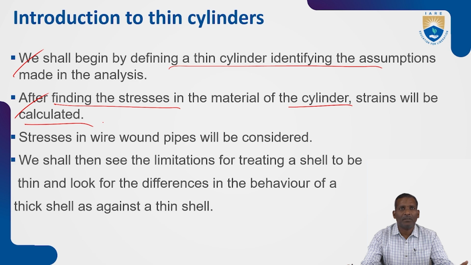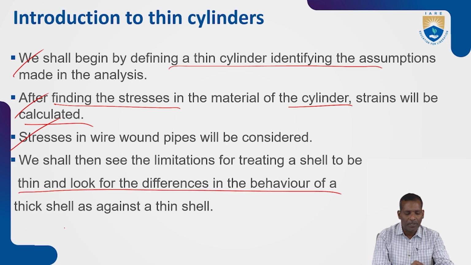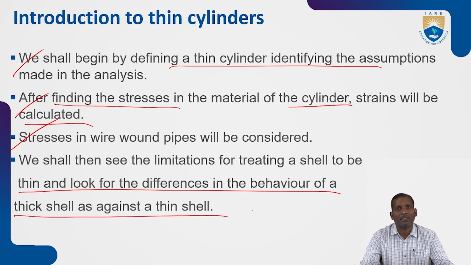Stresses in wire wound pipes will be considered. We shall then see the limitations for treating a shell as thin and look at the differences in behavior of a thick shell as against a thin shell.